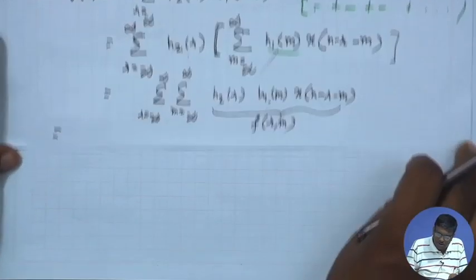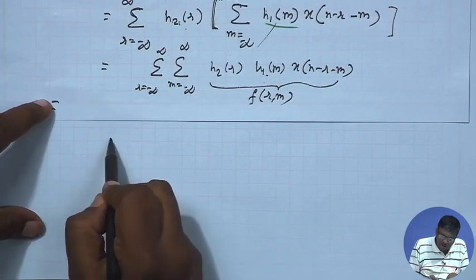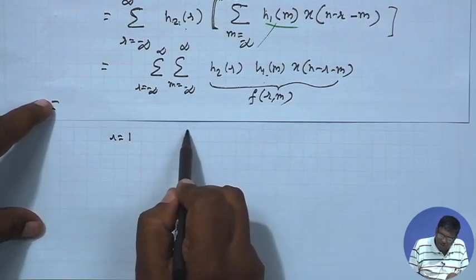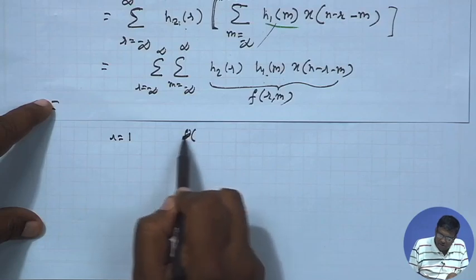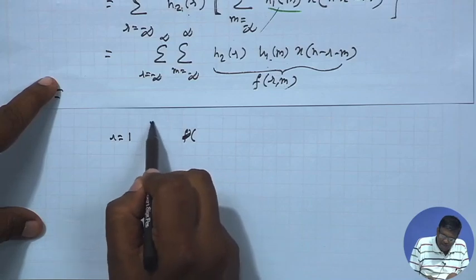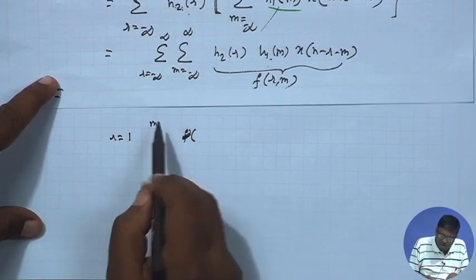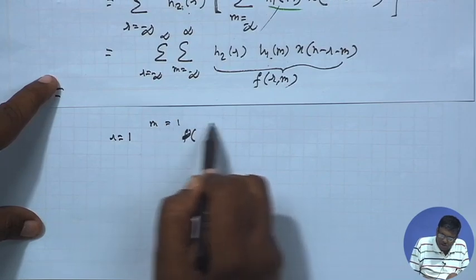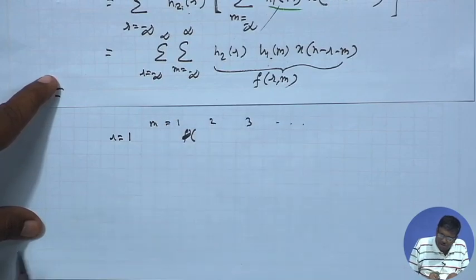Okay. So, what does this summation mean? Suppose you choose r equal to 1 and then carry out all the summations, m equal to 1, 2, 3, and so on.